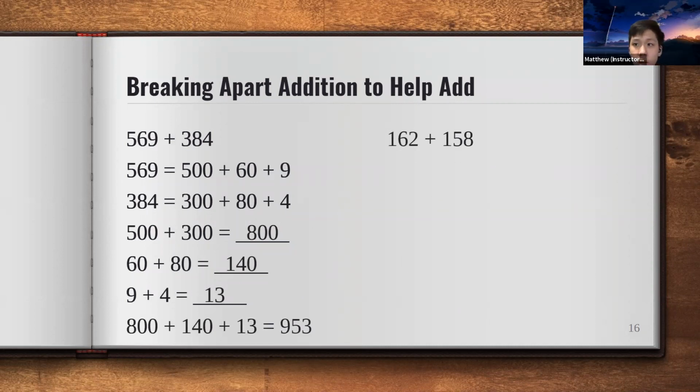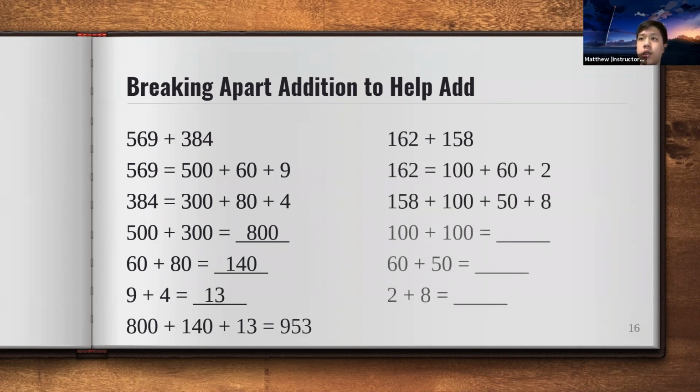So, to make sure everyone gets it, because you all say you get it, but I don't know if you guys truly get it. What would be 162 plus 158? It breaks apart into this, and that's the simplified version.